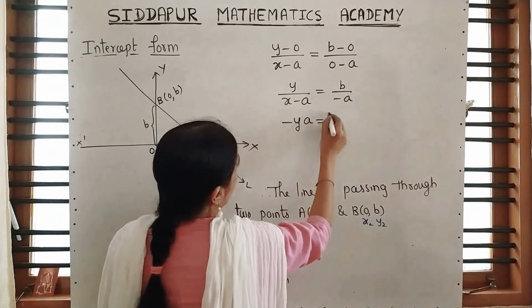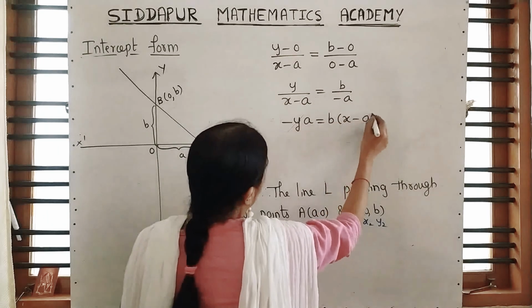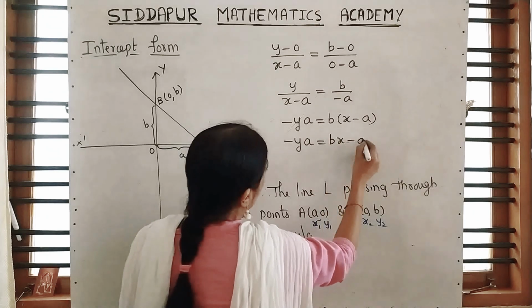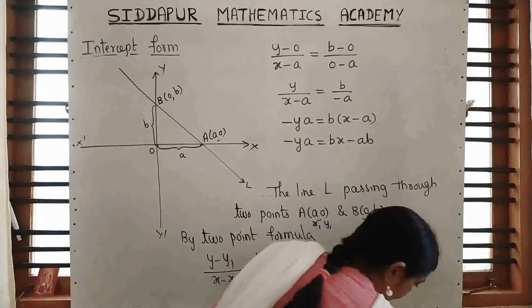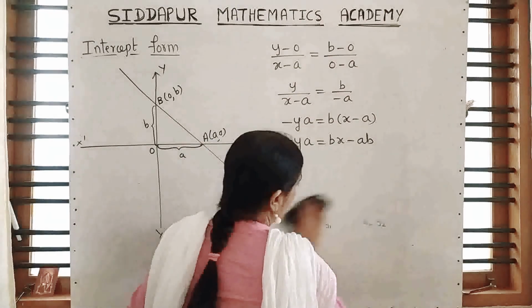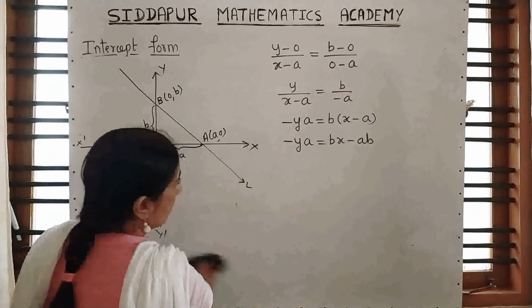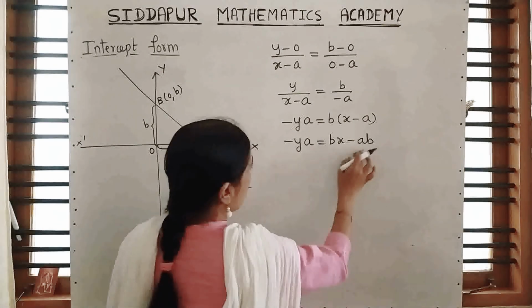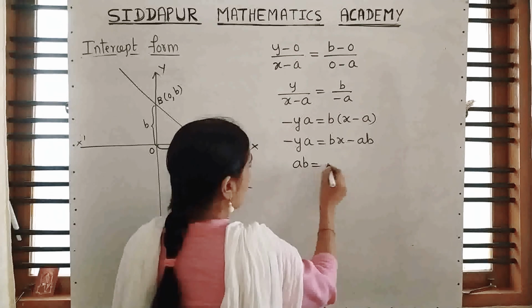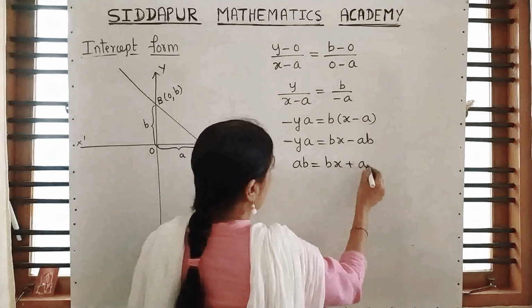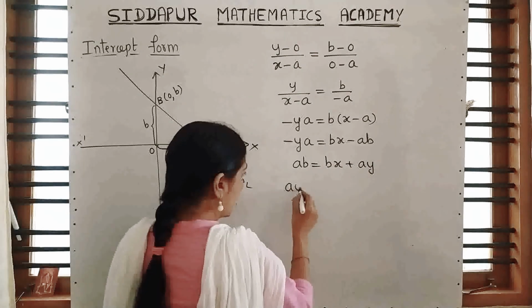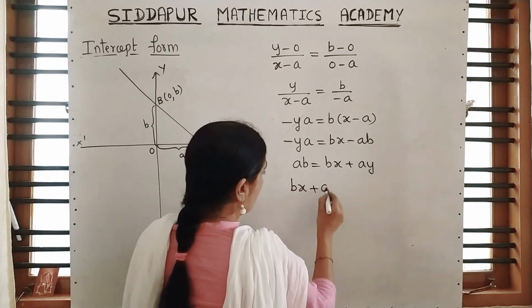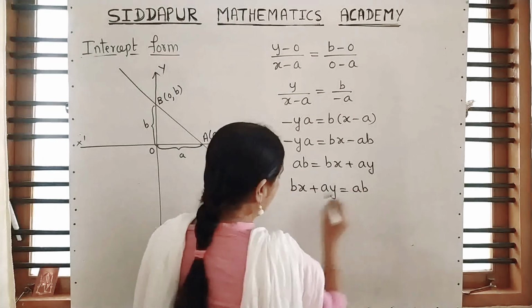Minus ya is equal to b into (x minus a), or minus ya is equal to bx minus ab. Now make all the terms positive. That means this minus ab on this side, it is bx plus ay, or for our convenience, bx plus ay is equal to ab.